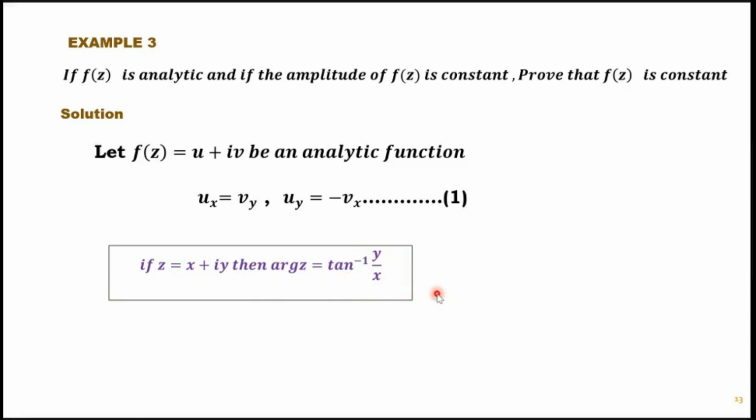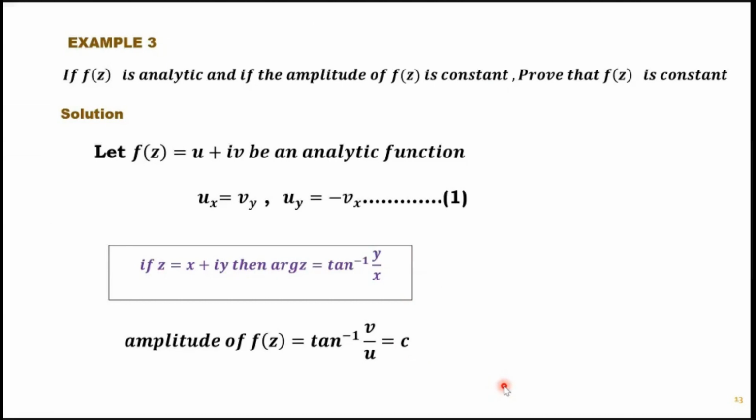If you have the different quadrants, then the value of the argument changes. ठीक है. तो यहाँ पे क्या दिया है? Amplitude of f of z. Now amplitude of f of z is same as argument of f of z. तो यहाँ पे f of z हमारा कॉम्प्लेक्स नंबर है u plus iv. तो u plus iv का आर्ग्यूमेंट होगा tan inverse of v by u is equal to constant दिया हुआ है.